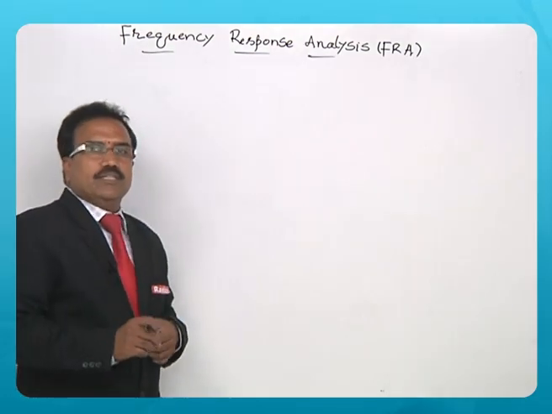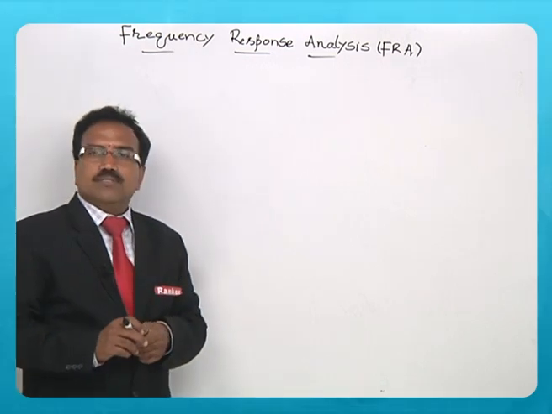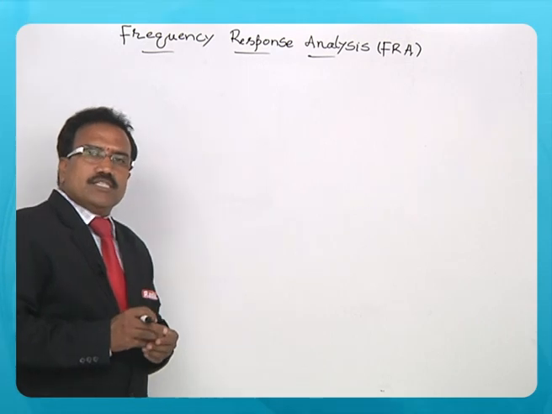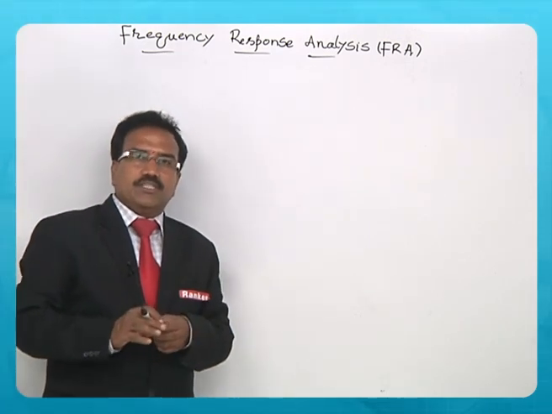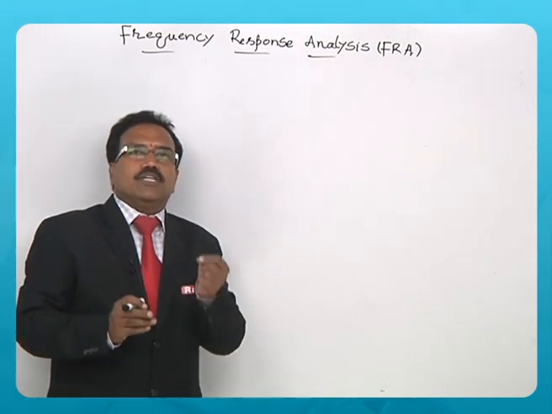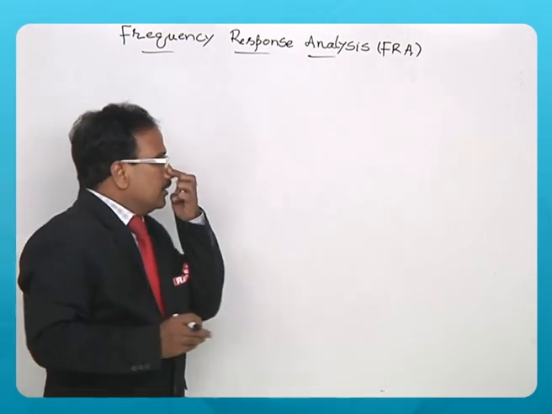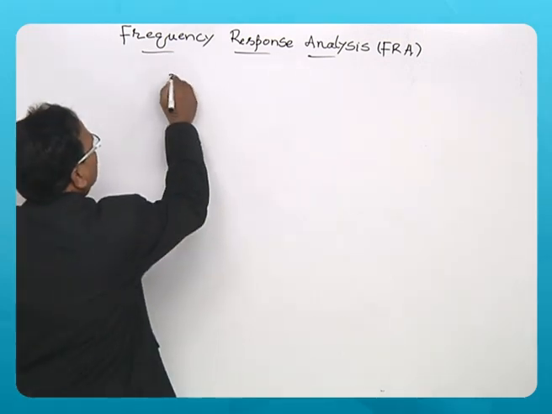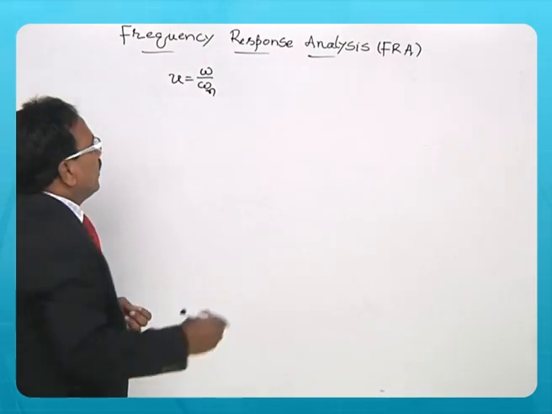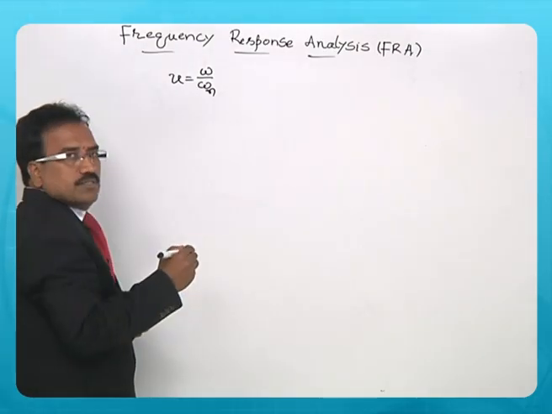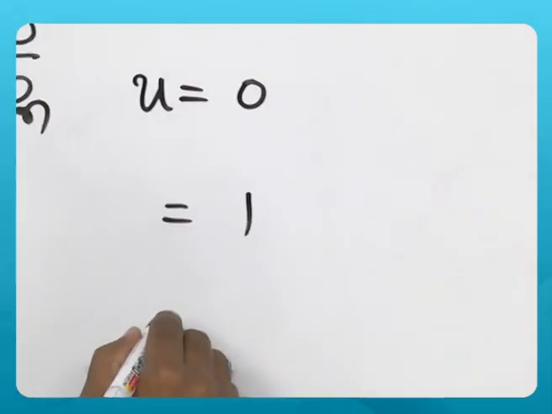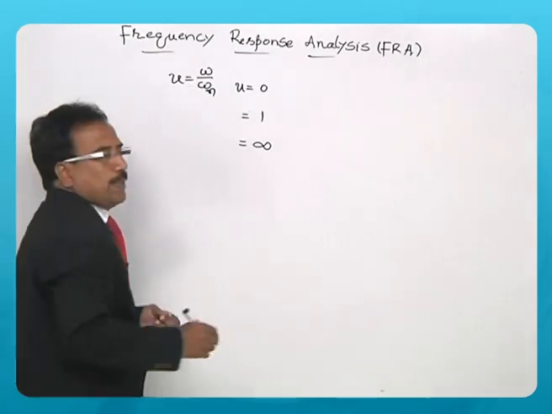So I need to see how this magnitude term and phase angle term vary with the frequency. Generally we consider two extreme points, frequency 0 and frequency infinity, and in between we consider one value. So I can consider three cases: u is 0, u is 1, u is infinity.